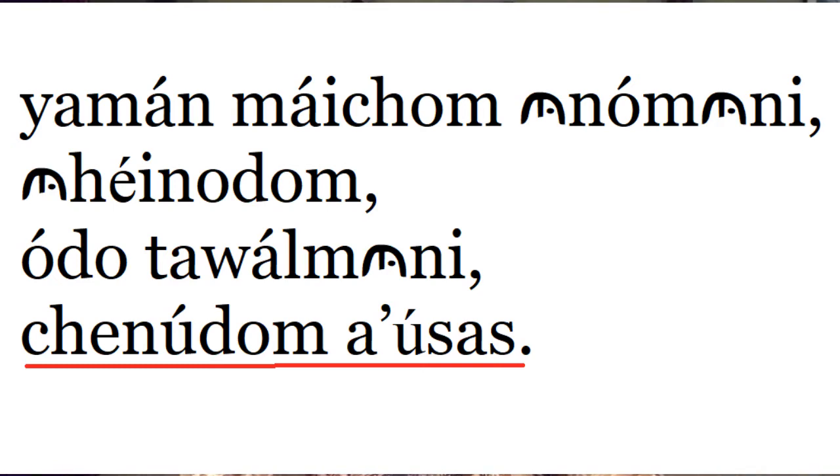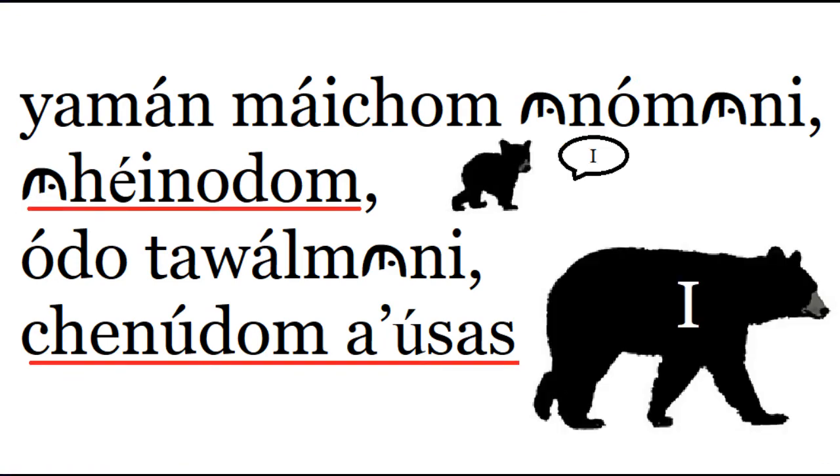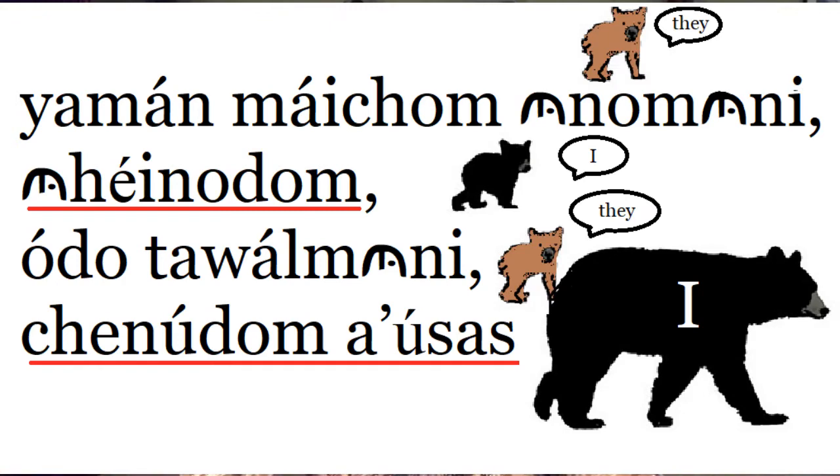The subject is I. So the two dom words in the sentence, ahenodom and chenudom, have that same subject, I. The two mani words have a different subject, they traveled, and they worked gold. These are bear cub clauses that are different from their mother. When those two traveled the mountains, I used to go along with them, and when they worked gold, I used to watch.